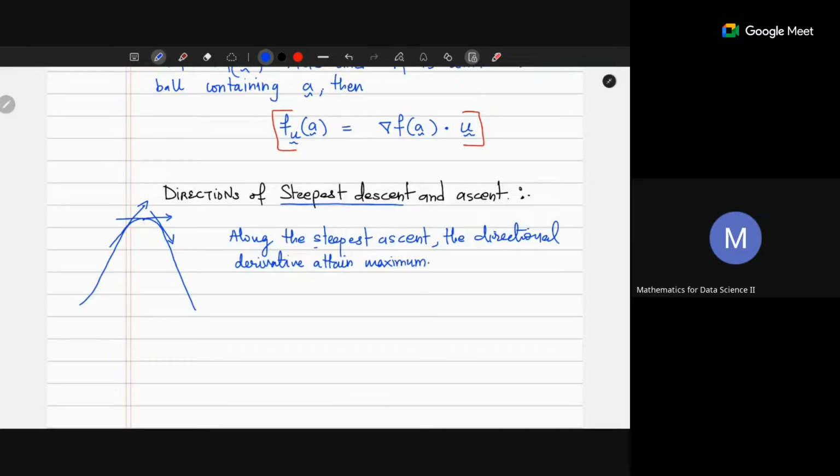How do we see this if I use this formula, the unit directional derivative?